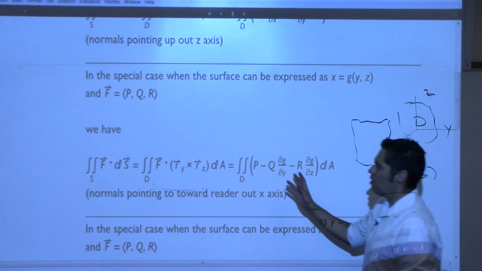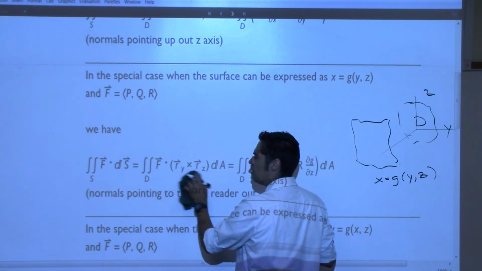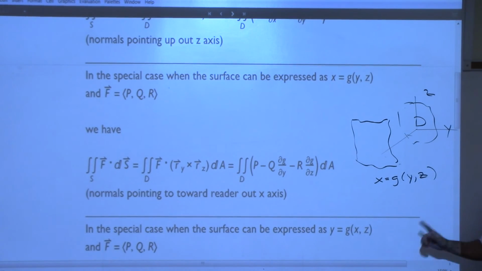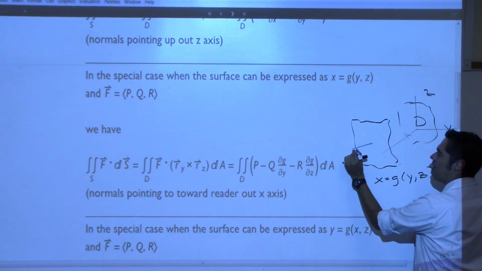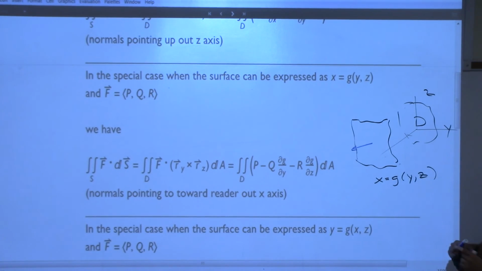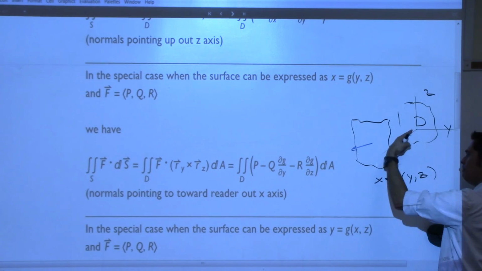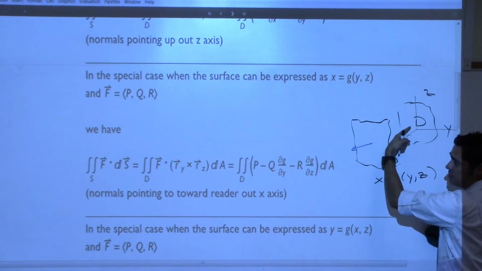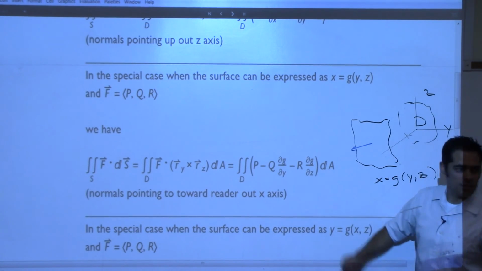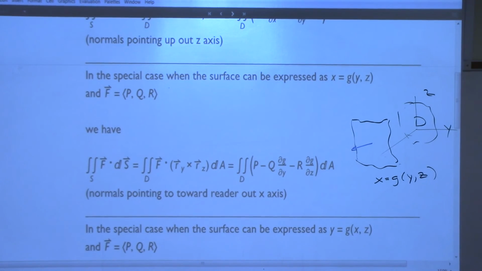Then you don't have to go through all this mess of coming up with the formulas and crossing them. This is it right here, as long as you treat the normals as the ones pointed out towards us. If you want to make your normals go into the page, or towards the negative direction of the x-axis, then these will all change again. Negative, plus, plus. All right?